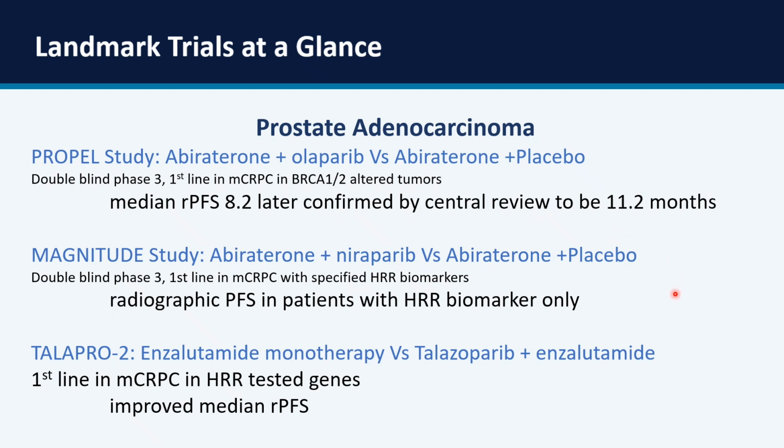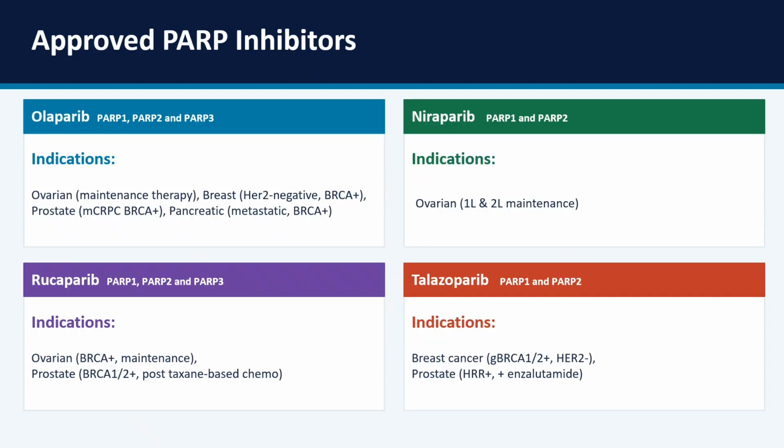The MAGNITUDE study investigated abiraterone plus niraparib versus abiraterone plus placebo, and again radiographic PFS in patients with HRR biomarkers only. Then TALAPRO-2 investigated enzalutamide monotherapy versus talazoparib plus enzalutamide, and there was again improved median radiographic PFS.